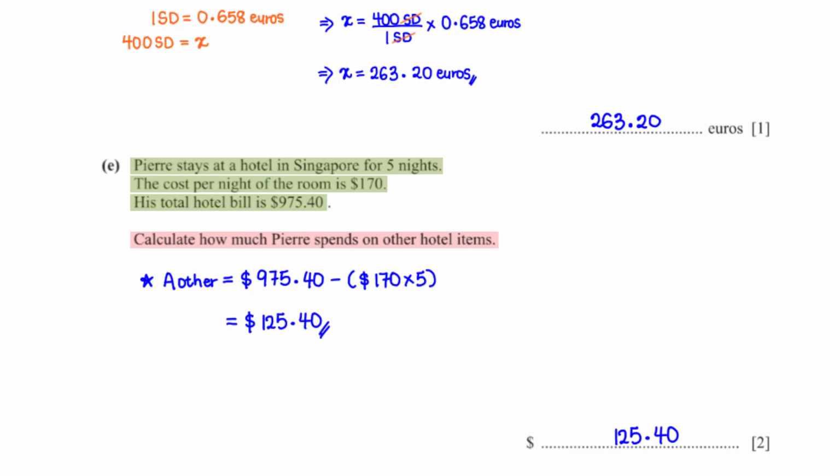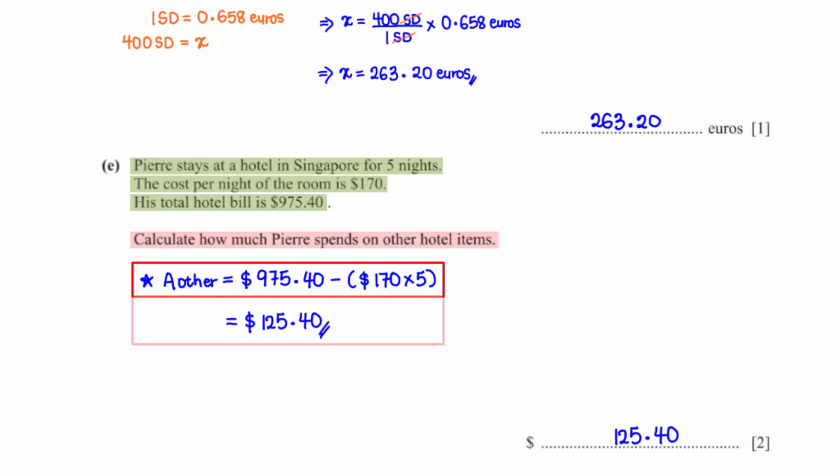To get the amount Pierre spends on other hotel items, we subtract the total cost for spending 5 nights in the hotel, which is $170 times 5, from his total hotel bill, which is $975.40. This gives us $125.40.